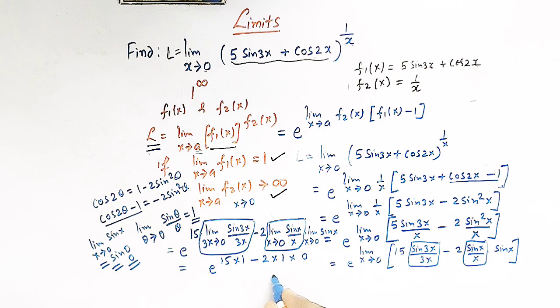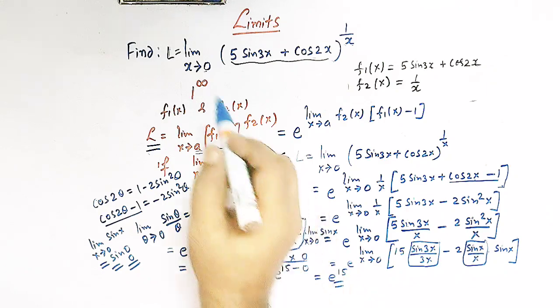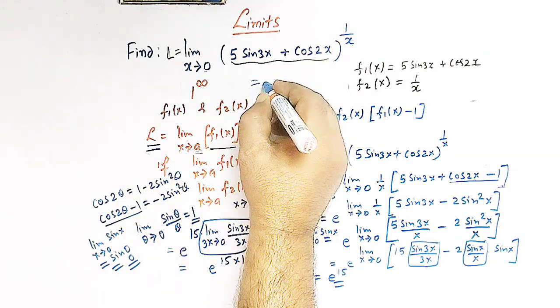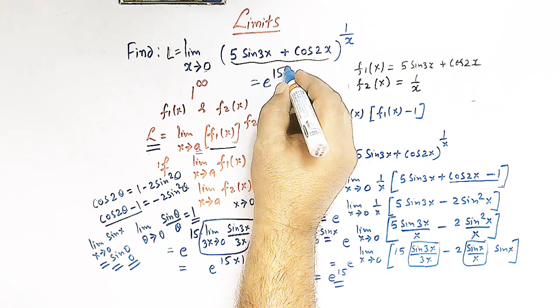So now we have e raised to 15 minus 0, that is e raised to 15. So viewers, the value of this limit is equal to e raised to 15.